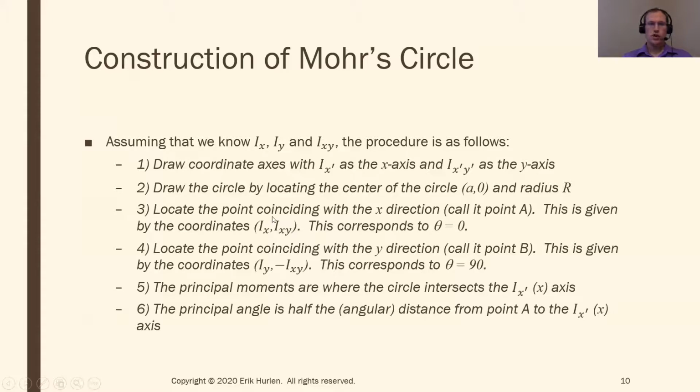Once I have my circle drawn, I want to locate a point that corresponds to the original x direction. I'm going to call this point A, and it should lie on my circle.